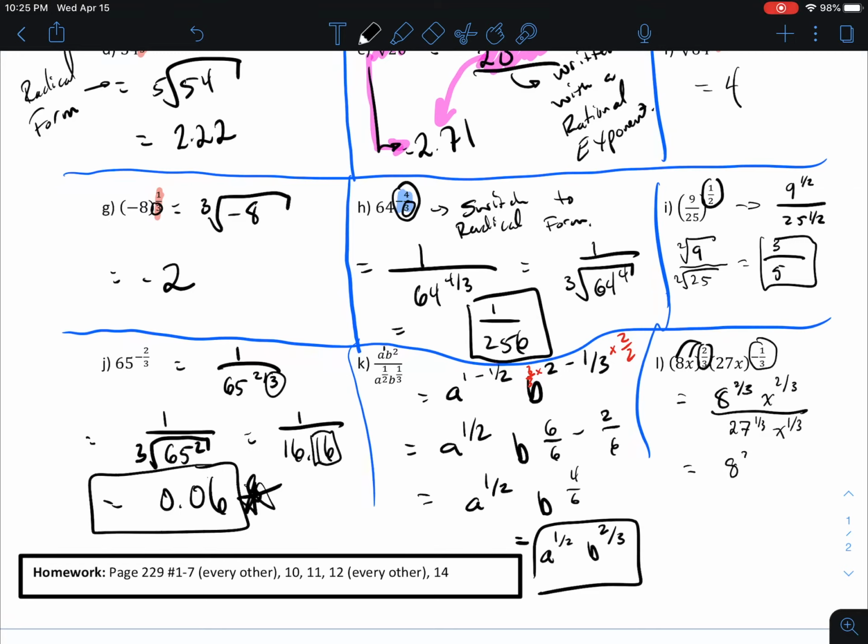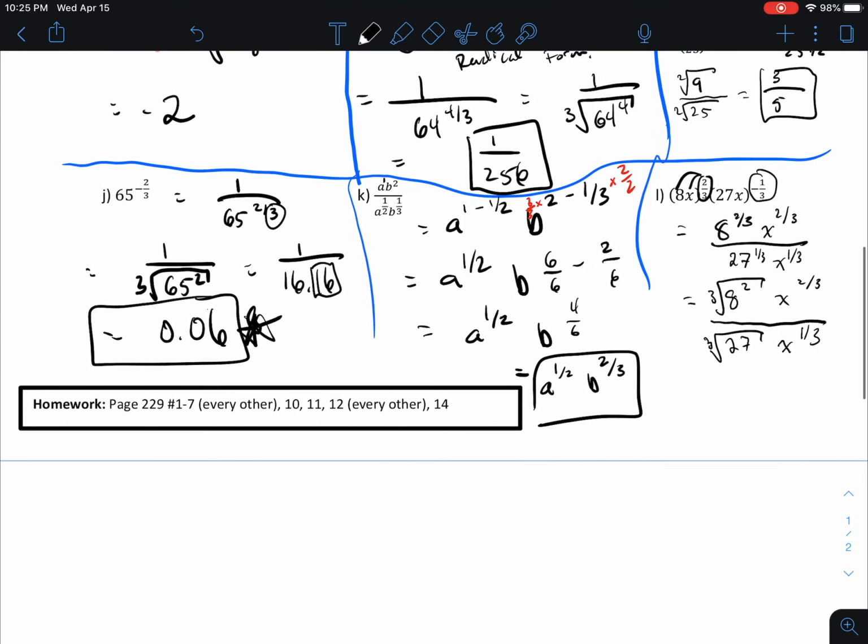Okay, and then you can go, okay, well, this is going to turn into 8 squared cubed rooted, x to the 2/3, over the cubed root of 27, x to the 1/3.